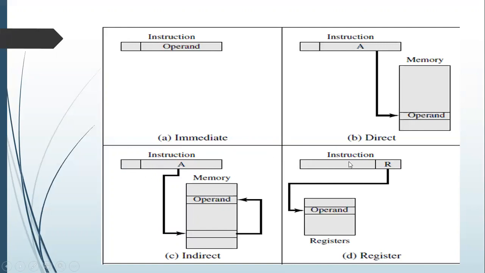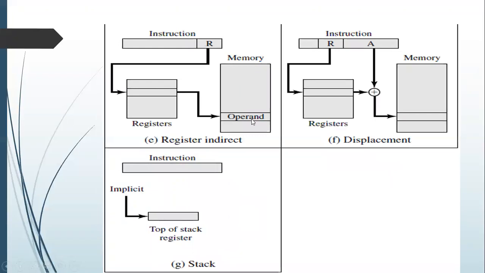But here the opcode is greater, and the number of bits for specifying the register is very few because there are very few registers in your processor. So it's the same as direct addressing mode. The only difference is that here you are specifying an address from memory, and here you are specifying a register from your processor.